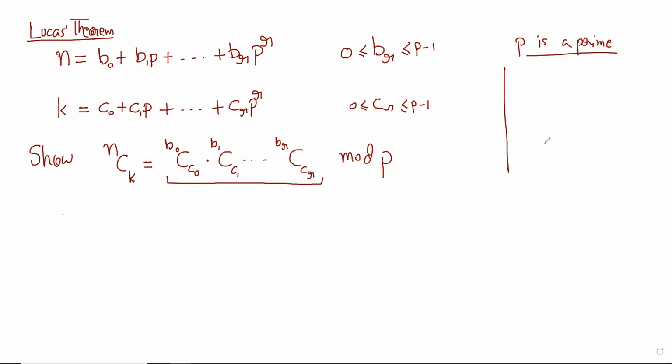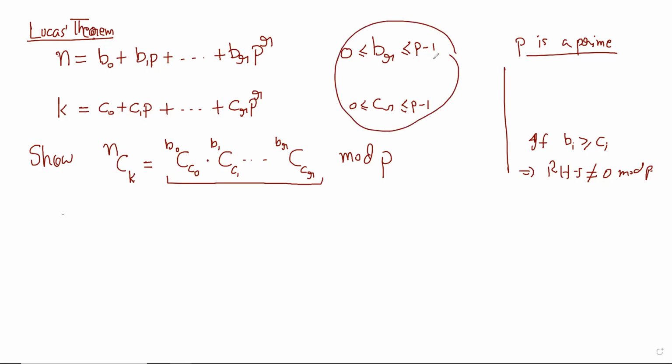so you see, if all the BIs are at least CI, then that implies that RHS is not 0 mod P, because none of the factors will have a divisor of P. But it doesn't contradict anything, of course.